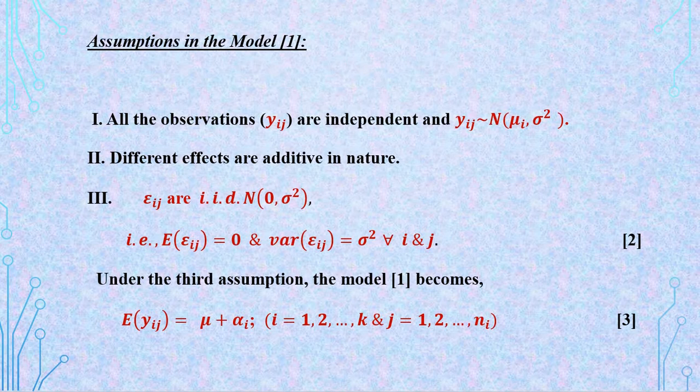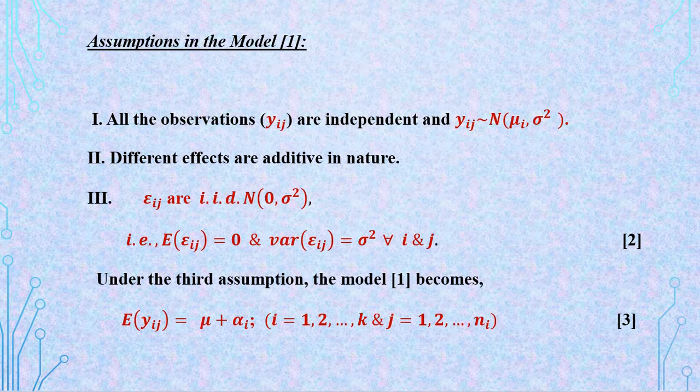Now, the assumptions for the model are as follows. All the observations Yij are independent and Yij follows a normal distribution with mean mui and variance sigma square, that is, the constant variance for all Yij. The different effects are additive in nature, and the error effects epsilon ij are identically and independently distributed normal variables with mean 0 and variance sigma square.